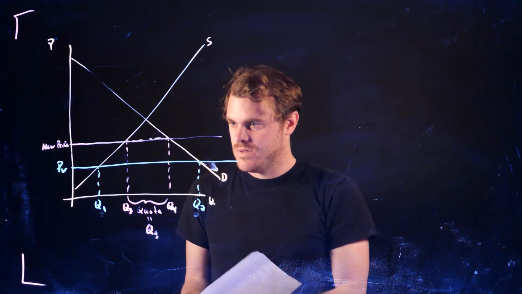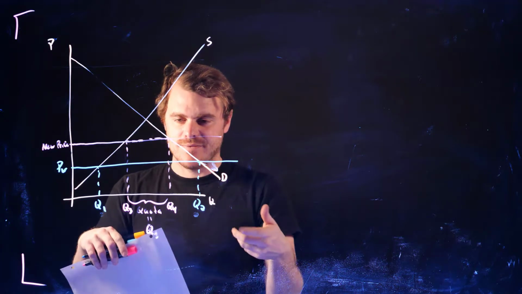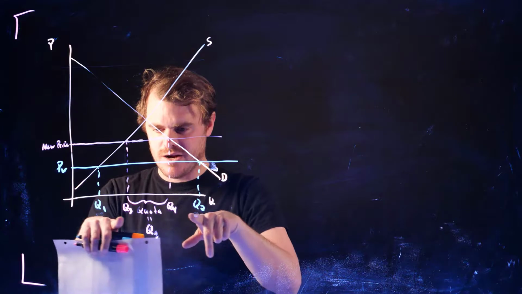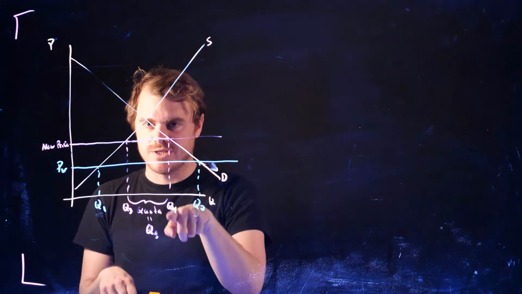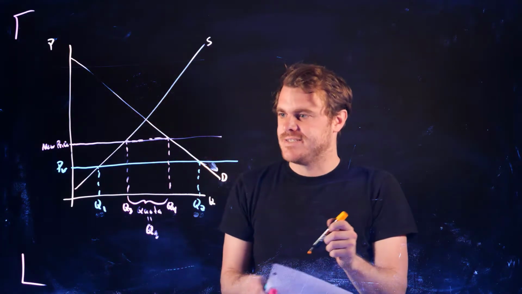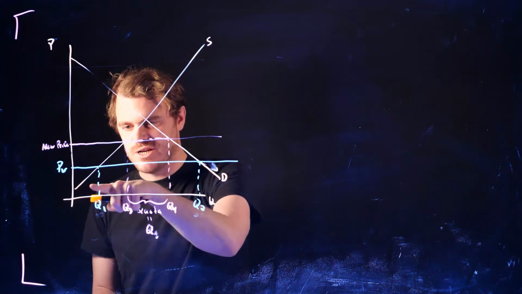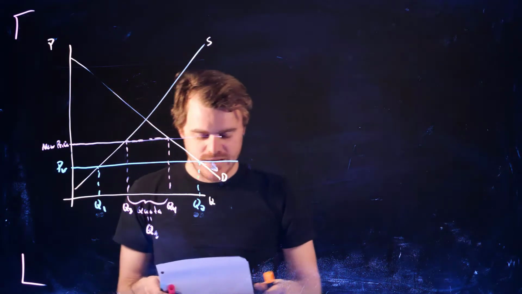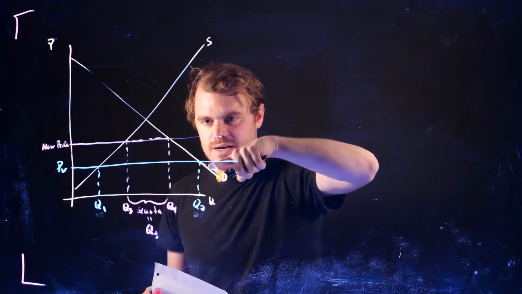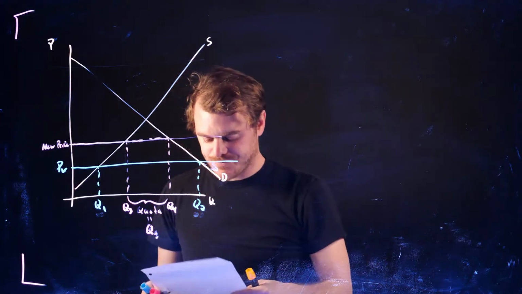And so again, if this quota is binding, the imports are going to fall from this amount here to this amount, because that's how much the Canadian government, for instance, is restricting it. And so we see again that when the price is higher, domestic production is going to increase from Q1 to Q3, just like before. And then domestic quantity demanded is going to fall from Q2 to Q4.